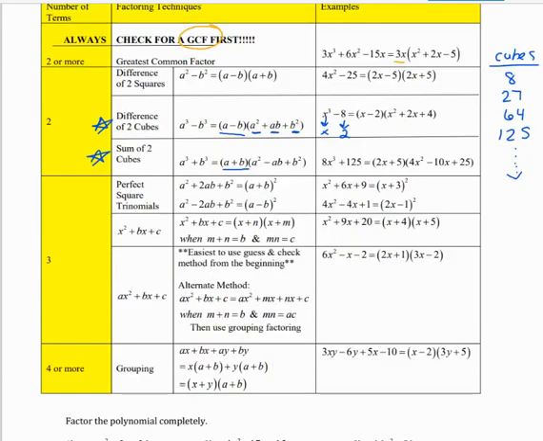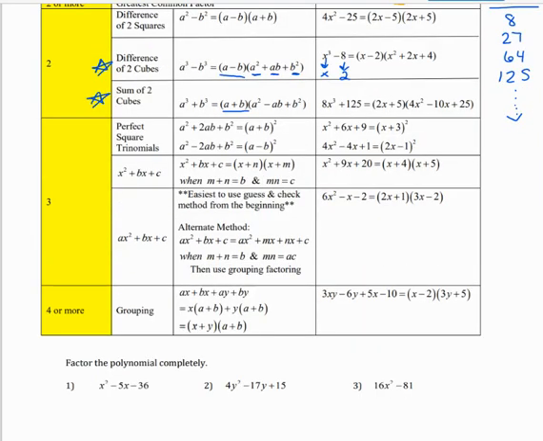The next ones are all ones that you have done before. Perfect square trinomials, a trinomial with a leading coefficient of 1, and a trinomial with a leading coefficient other than 1. Now for those trinomials, guess and check is often a faster method. However, as the numbers get larger, and even numbers that have a lot of factors, it may take a little longer to do guess and check, so you can use the factoring by grouping method, which I'll discuss in examples.